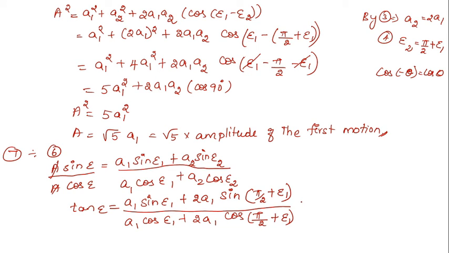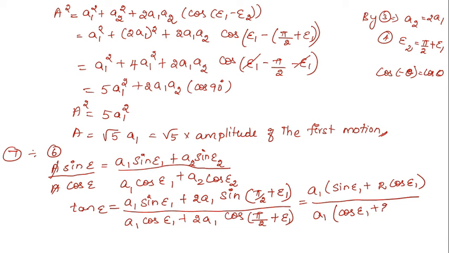Terms a1 is common, so that you can take outside. So a1 into sine epsilon 1 plus 2 into sine pi by 2 plus theta, which is nothing but cos theta. So it will be 2 into cos epsilon 1. Okay. Similarly, divided by a1 is common, so that you can take outside. A1 into cos epsilon 1 plus 2 into cos of pi by 2 plus theta, which is nothing but minus sine theta.